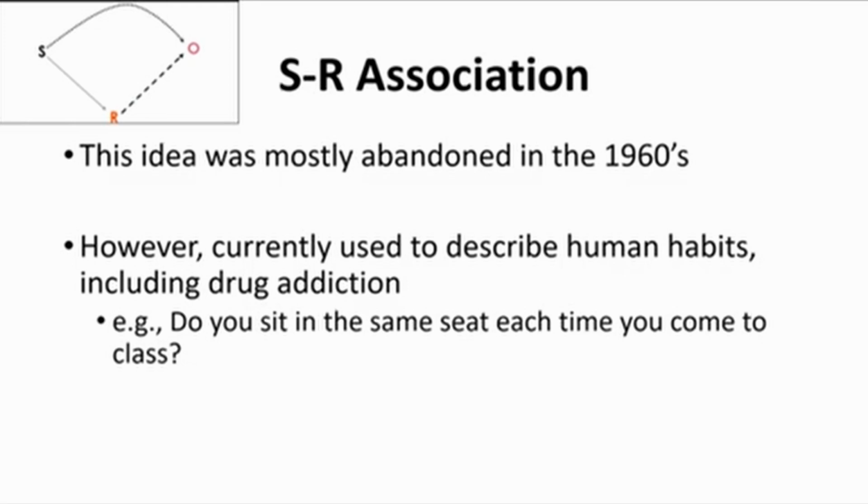A lot of drug addiction will persist even when the situations that used to be reinforcing, say feeling good, stop happening. So drug addiction can persist even if the outcome starts to become negative. And that's because the theory is that it's completely driven by the association between the stimulus and the response, and the outcome is now irrelevant.